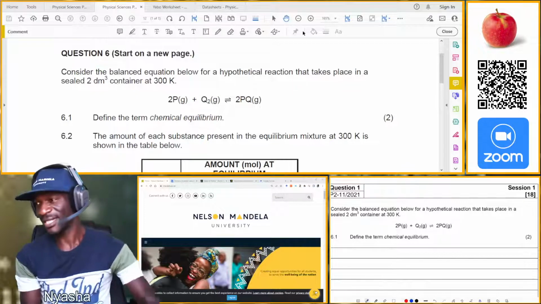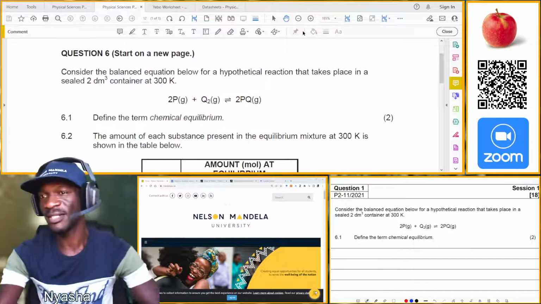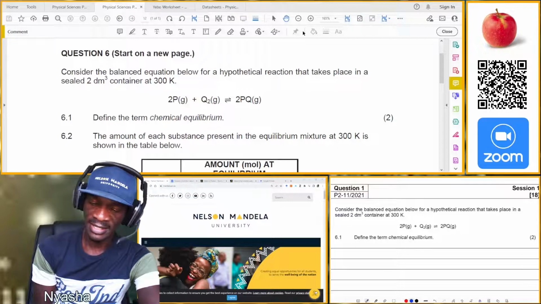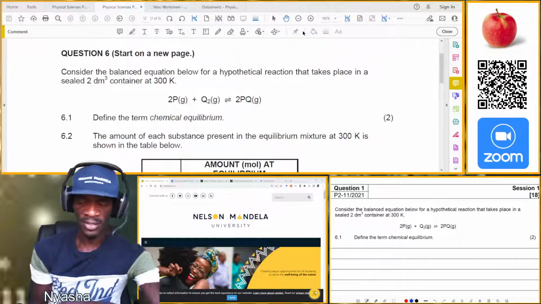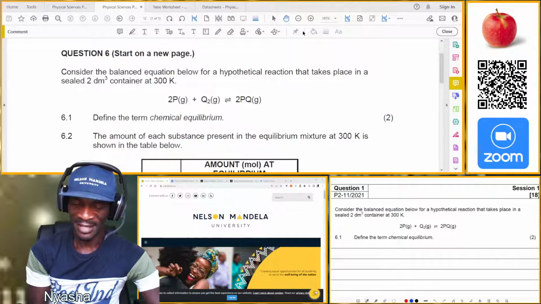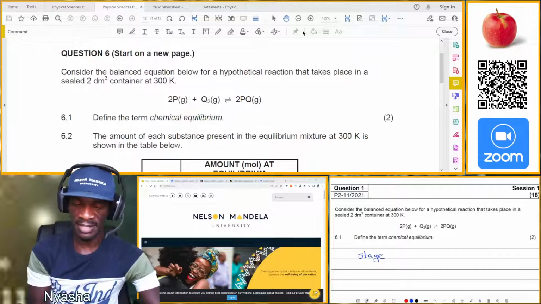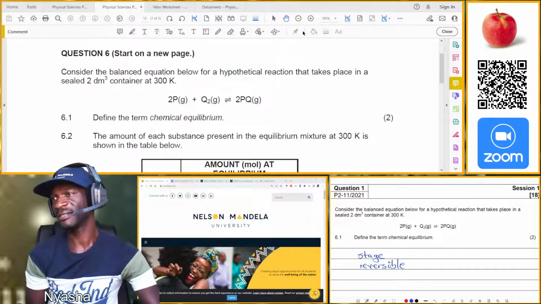Right, so since it's a definition, I think we just need to focus on what's important. We are looking at chemical equilibrium as a certain stage in a reversible chemical reaction. So your keywords are the fact that in itself chemical equilibrium is just a stage in a certain chemical reaction, but that chemical reaction is a reversible chemical reaction, right?